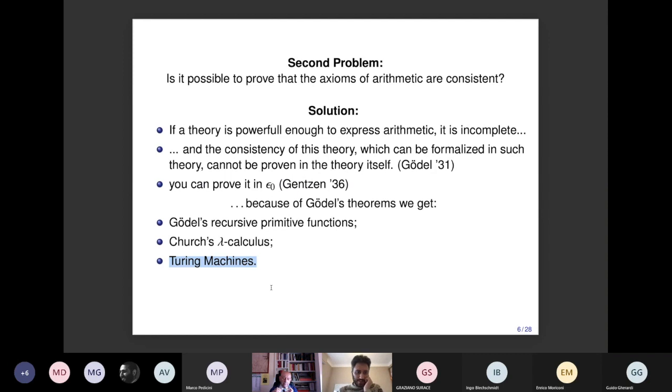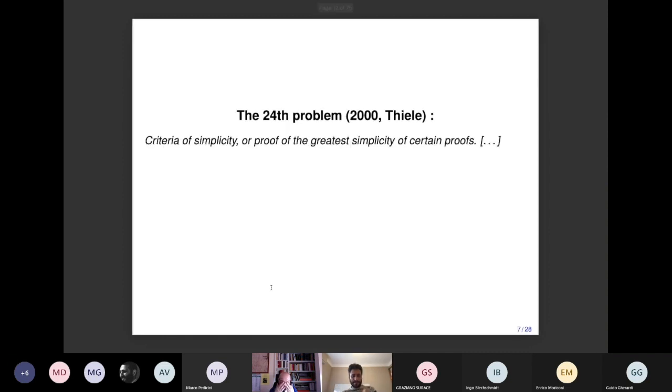So that's why I wanted to talk about the second problem, and to say that a mathematical question has been the birth of computer science. But let's go to the 24th problem, and you can tell me, but Matteo, you told us that Hilbert presented 23 problems. What is this 24th?